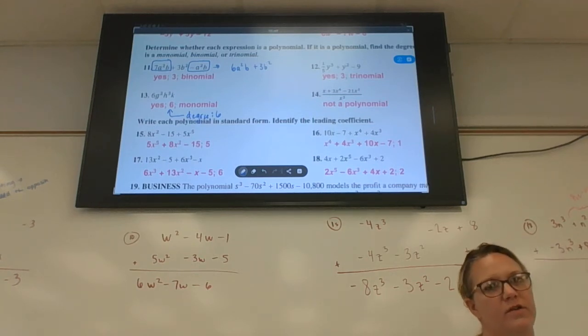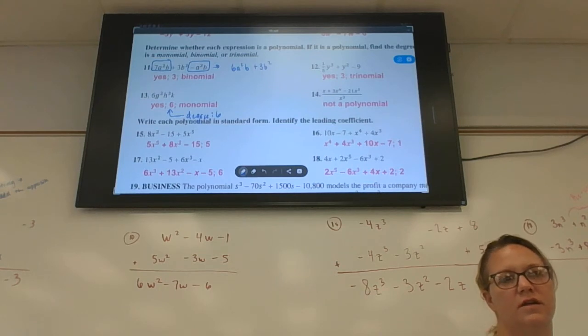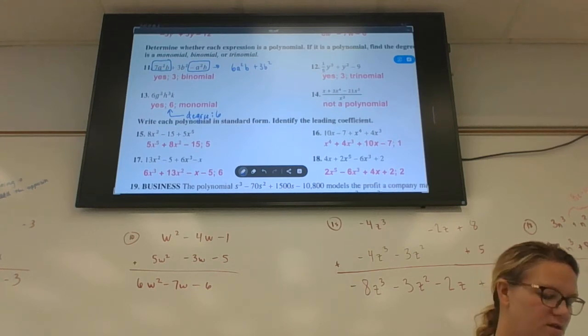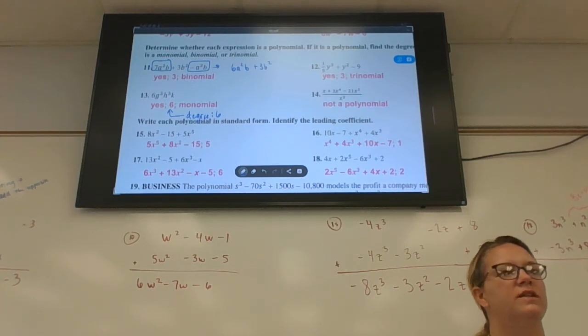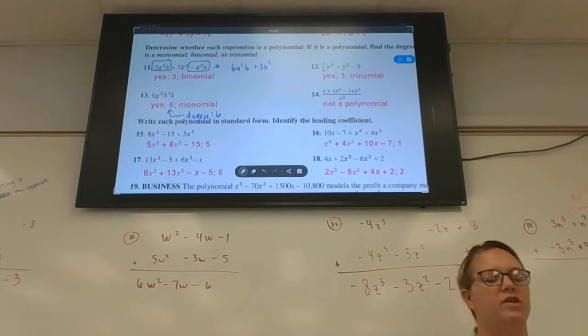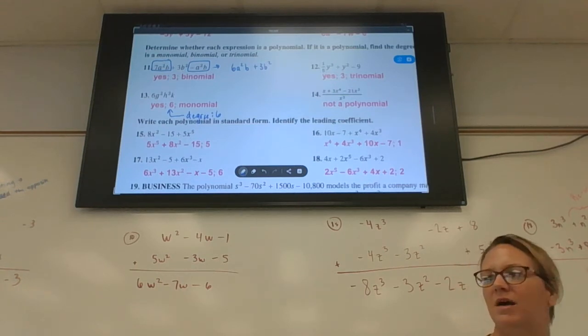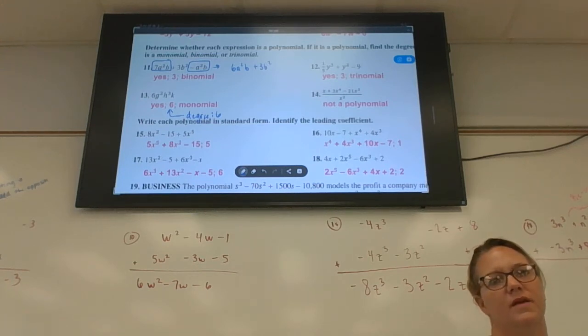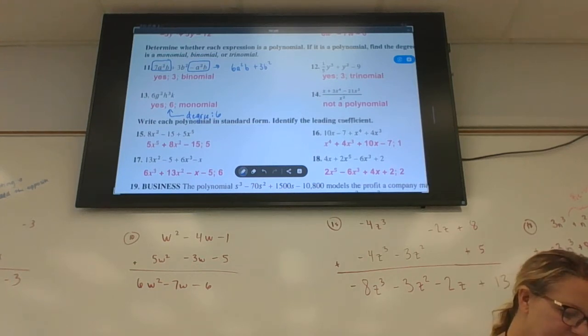What's a degree? Do you know what a degree is? It's an exponent. Which one of these exponents is 6? No, we don't times them. That's what Ruben said. How do we get degree 6 on number 13? It's not by multiplying them. It's not by dividing them. It's by adding them, guys, because there's a 1 here. 2 plus 3 plus 1 gives you 6.